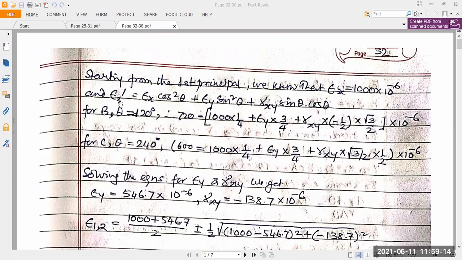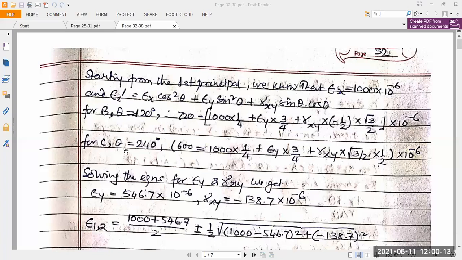So epsilon x into cos square 120, which is 1/4, plus epsilon y into sin square 120, which is 3/4, plus gamma xy into minus square root of 3 over 2 times a half. Because cos 120 is not half but minus half, and sin 120 is again sin 60 degrees, which is square root of 3/2.